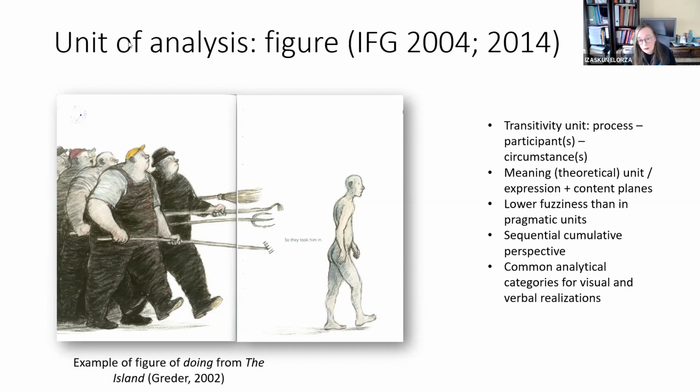And the good thing about it is that we can work with common analytical categories for visual and verbal realization. So we can recognize an actor when we look at it and when we read it. So when the actor is constructed visually and verbally.